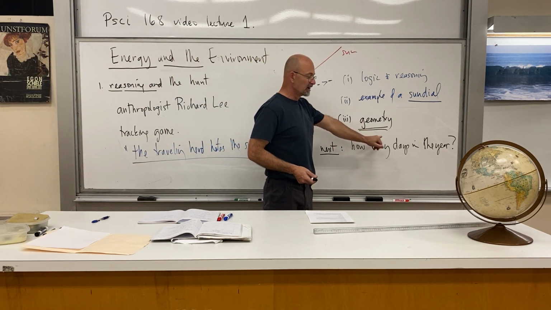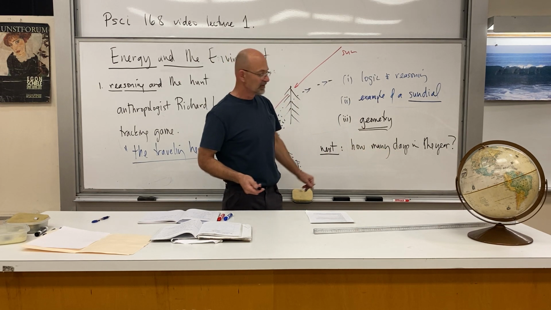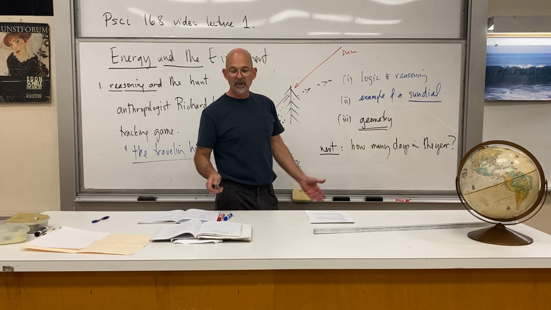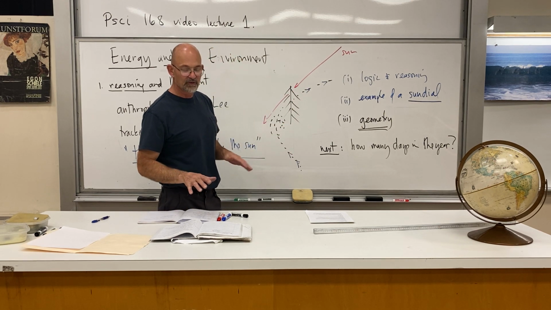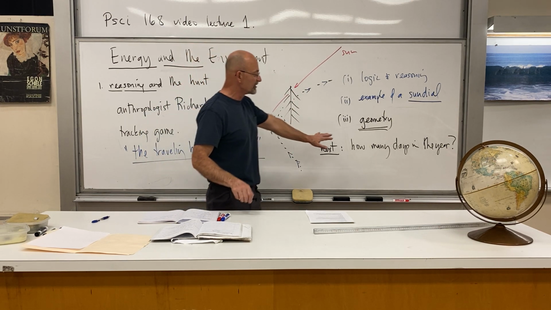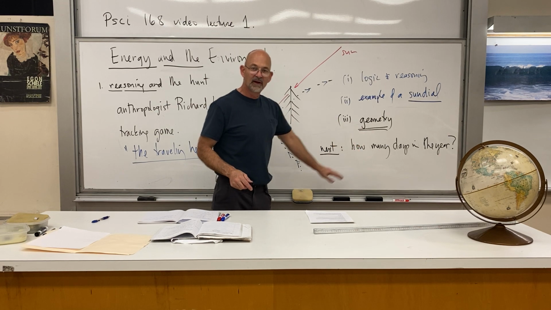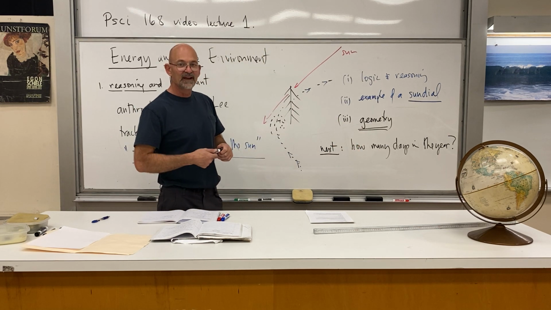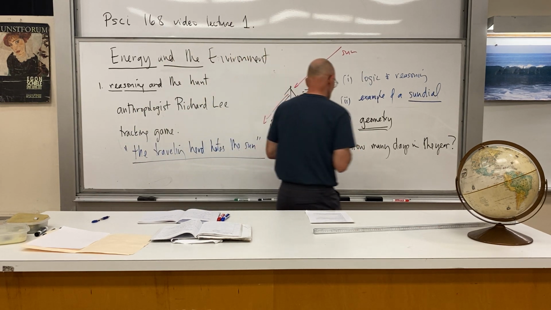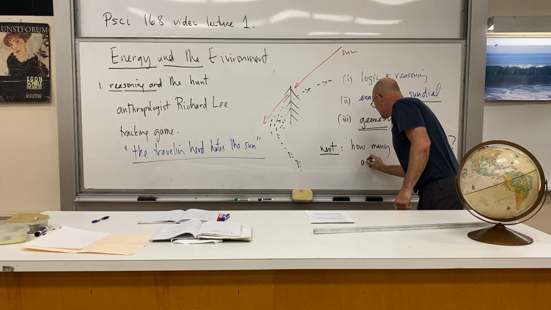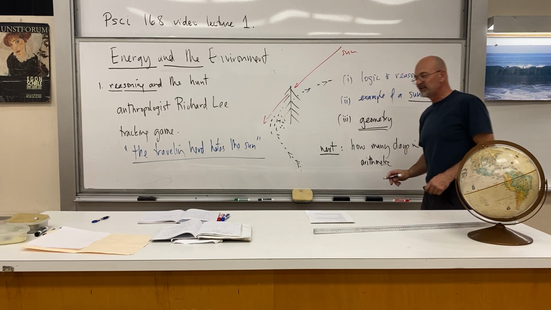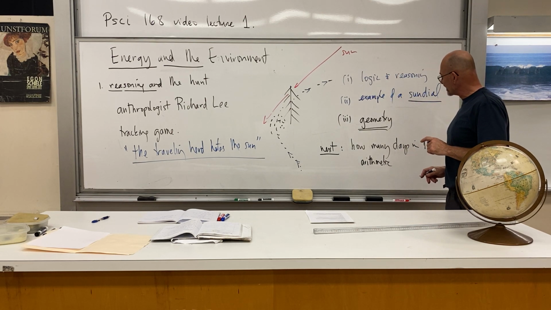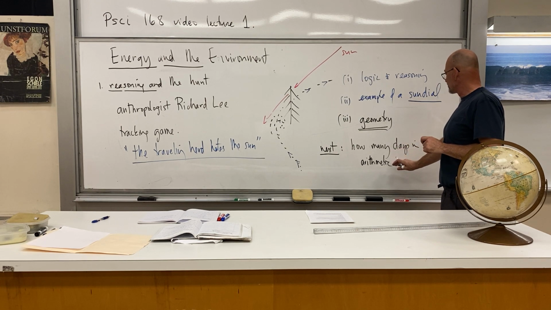Because how many days in a year? You guys know, 365. Okay, but that's a pretty big number. If you got 5 and 5 is 10, you get your toes as well, that's 20. So 365 is actually a pretty big number. And to deal with numbers like that, you need arithmetic. And as we're going to see, you actually need some geometry to discover the answer to this question.